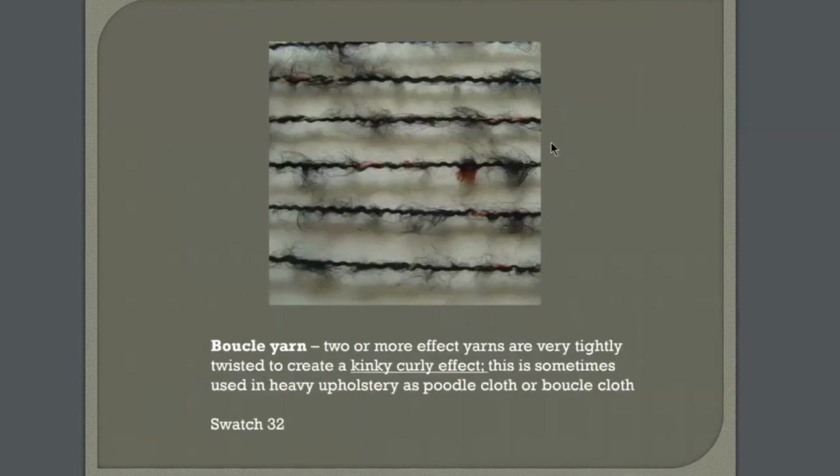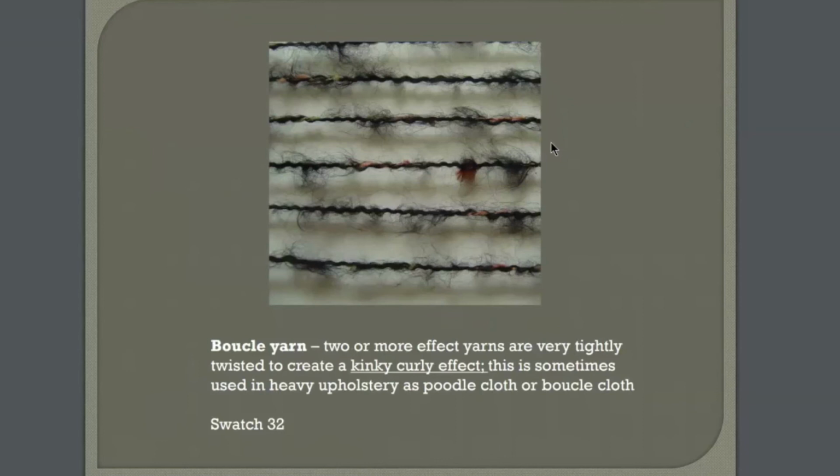And it's similar to, but a little different than what's called a boucle yarn. So a boucle yarn are two or more effect yarns that are very tightly twisted to create, and I have it underlined, a kinky, curly effect.